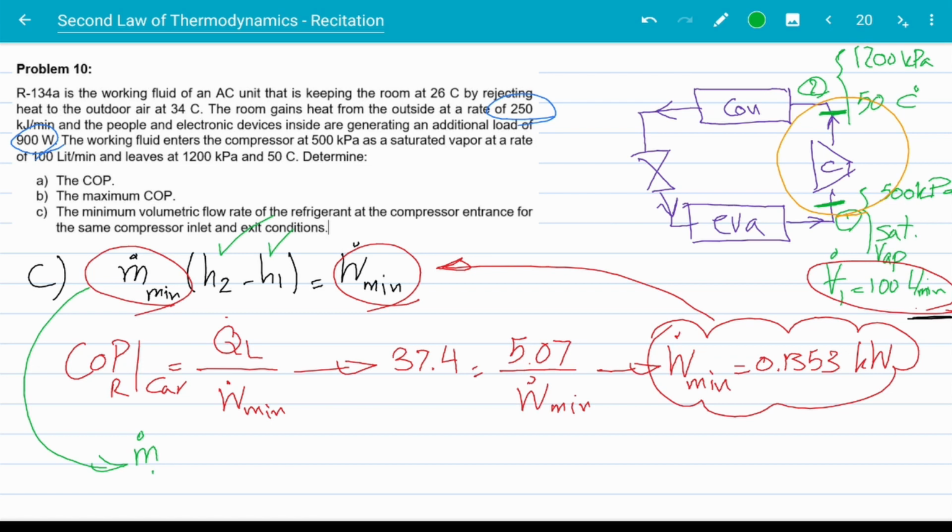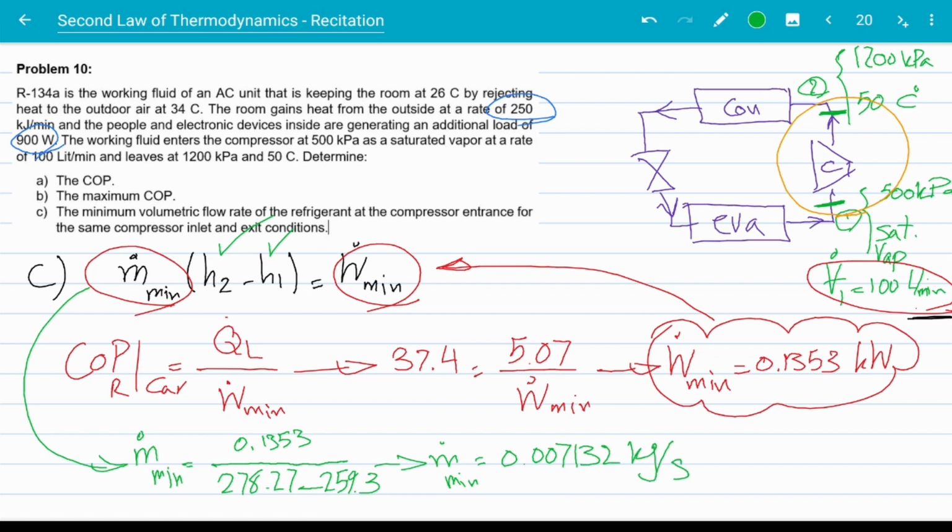So my minimum mass flow rate is minimum work 0.1353 over H2 minus H1, which is 278.27 minus 259.3. Do the math, we get that the minimum mass flow rate is 0.007132 kilograms per second.